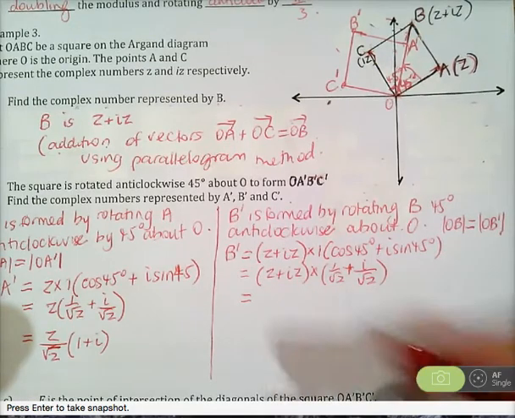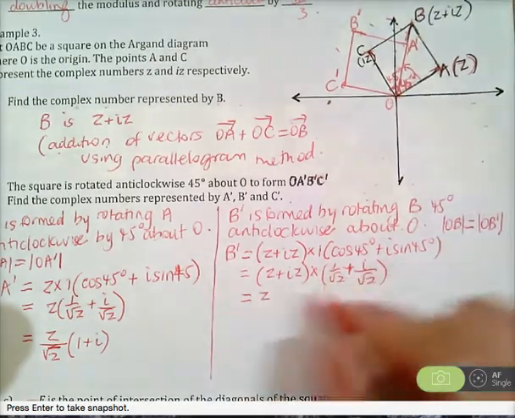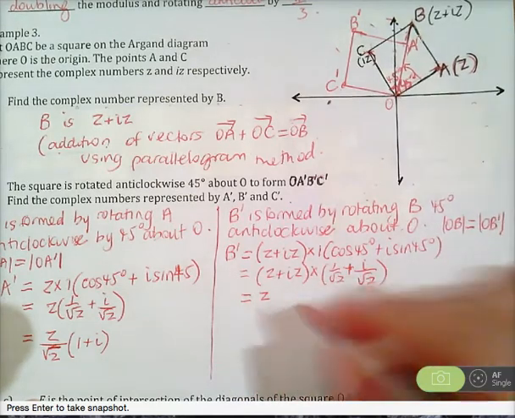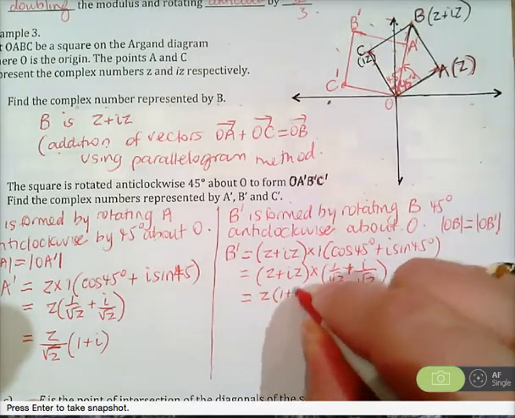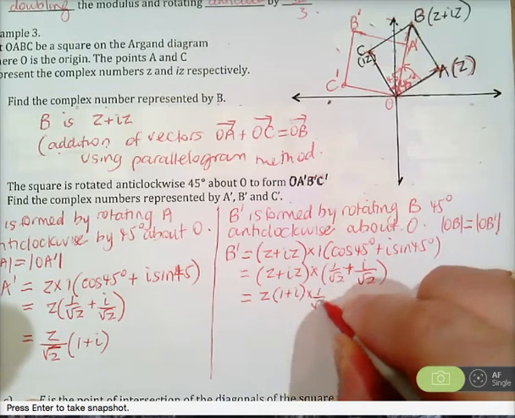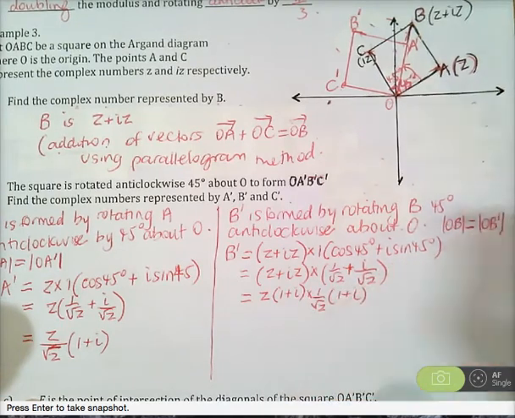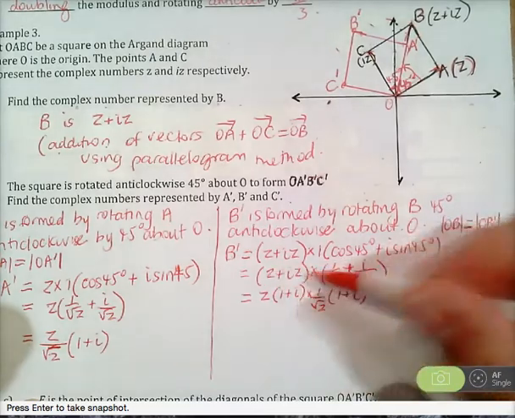I'm just going to factorize out a Z from the first thing here, taking that out as a common factor. So I've got Z times (1 plus I times 1 on root 2, 1 plus I). Okay, just pulling out a common factor from each of those.